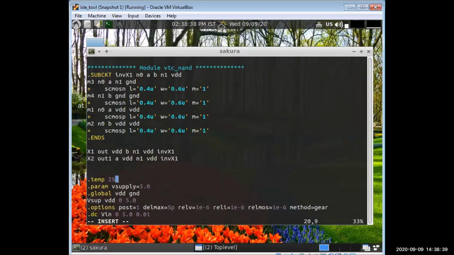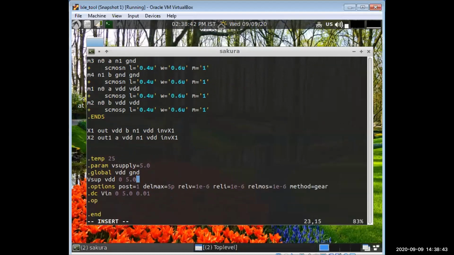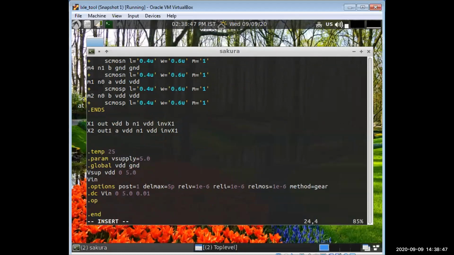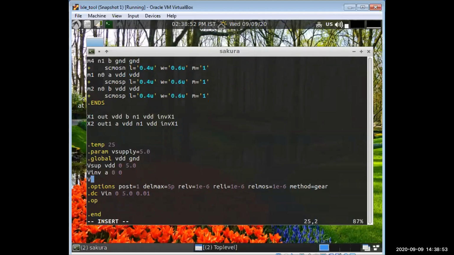Now the same circuit is instantiated two times. Then I give one voltage source VINV at node A 0 and another voltage source VINV1 at B 0.